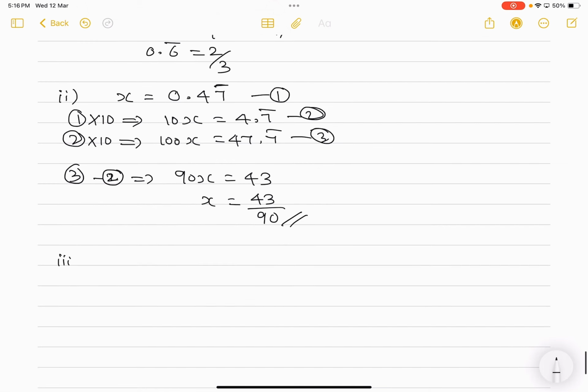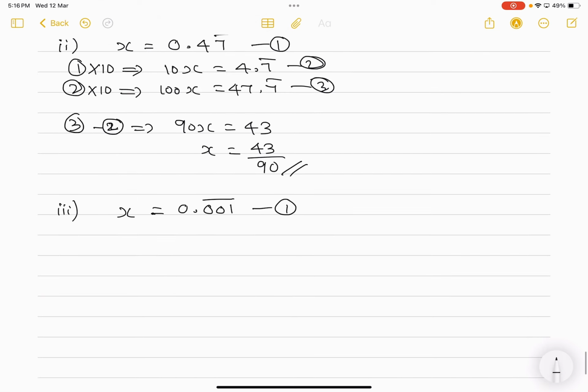So what is the third question? 0.001, the whole bar. So what are you supposed to do first? Multiply equation 1 by 1000.